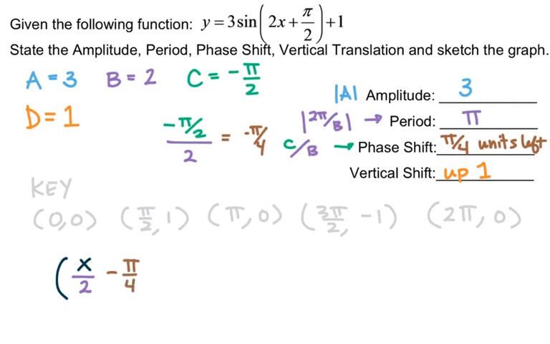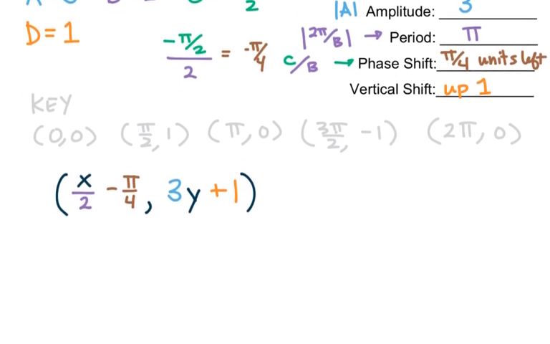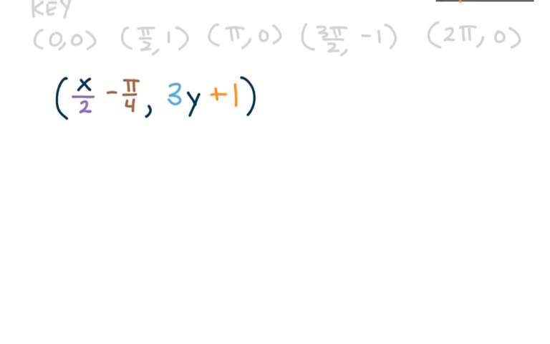So we shrink the period, and then we shift left. My Y value, I'm going to multiply my Y value by 3, and then I'm going to add 1 to that. So if you can set up your new ordered pair, it's really very easy to take these 5 key points and to plug each of them in and transform them to create your new graph.